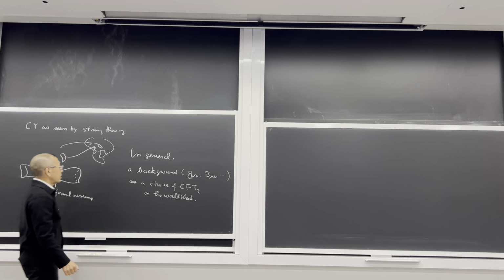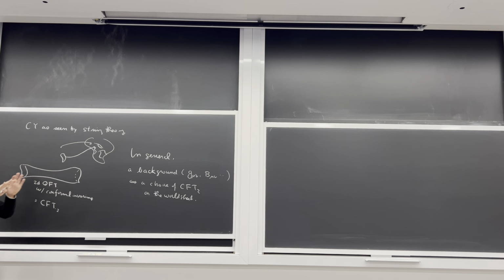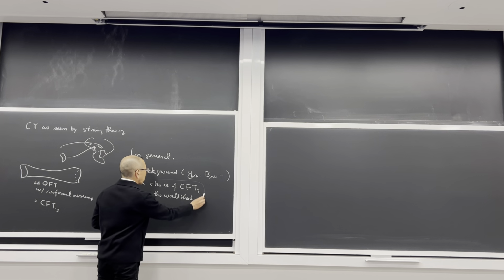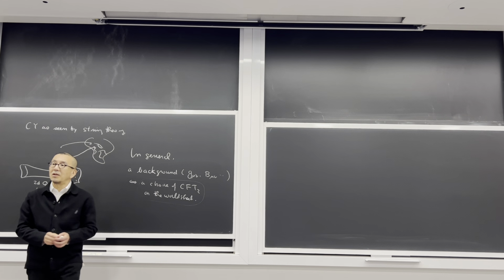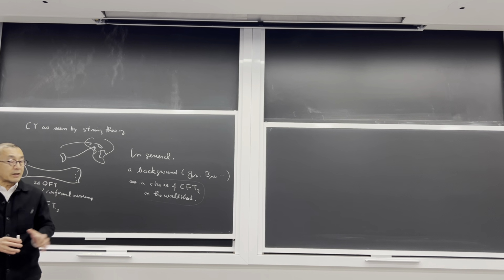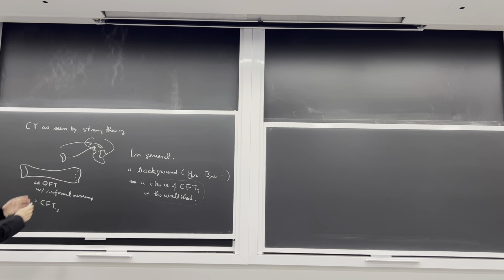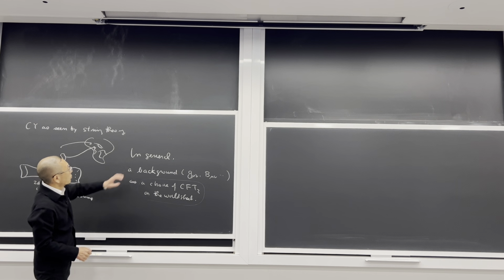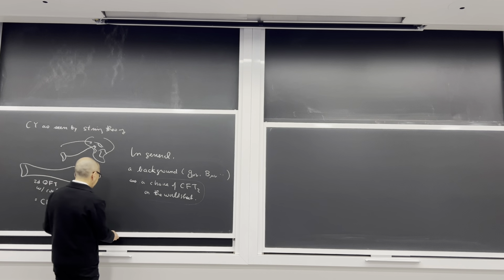So this gives rise to the perspective that rather than directly studying how strings propagate in space-time, we can try to study the space of all possible two-dimensional conformal field theories and discuss one appropriate to describe superstrings, and then study that class, and that would correspond to the choice of background.